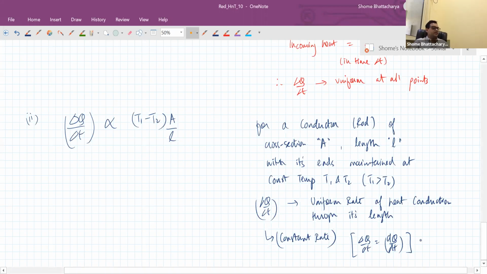It will be delta Q by delta T, which is proportional to the temperature difference, inversely proportional to the length of the rod, and directly proportional to the cross-sectional area. Okay.